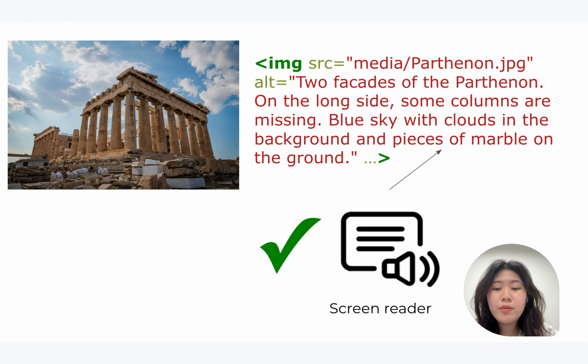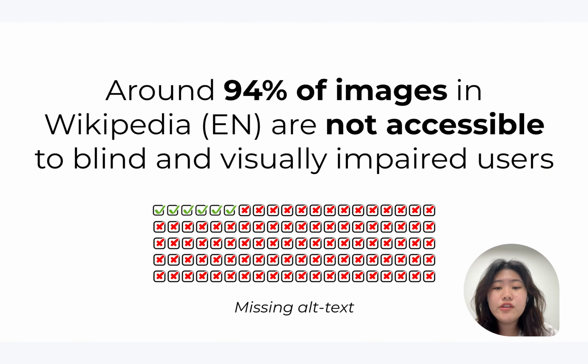So, our motivation for the work comes from the issue of how more than 300 million people worldwide are estimated to have visual impairments. And for these individuals, online visual content is accessible primarily through screen readers, which rely on alt text, a descriptive attribute of image HTML. However, on English Wikipedia, 94% of images lack alt text, which makes them inaccessible to blind and visually impaired users, or BLV users.